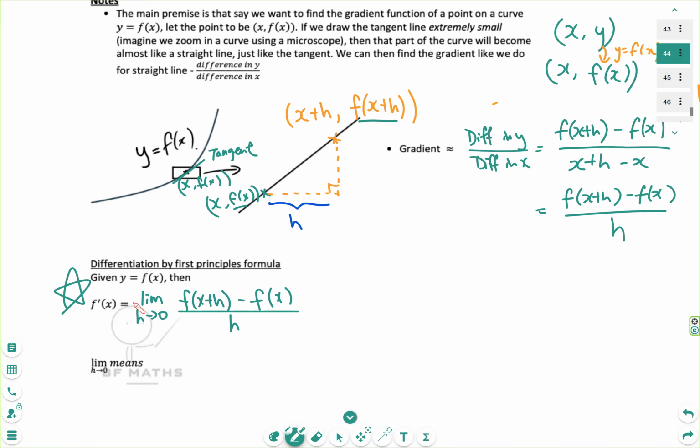This is given in the formula booklet, so you don't have to remember it.